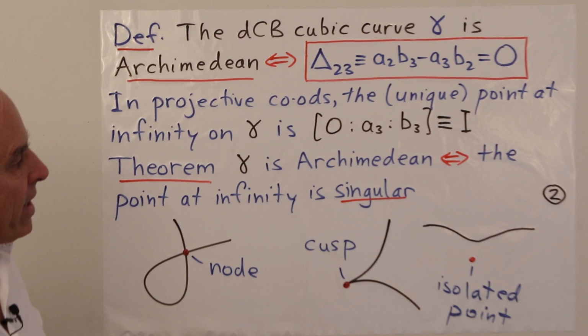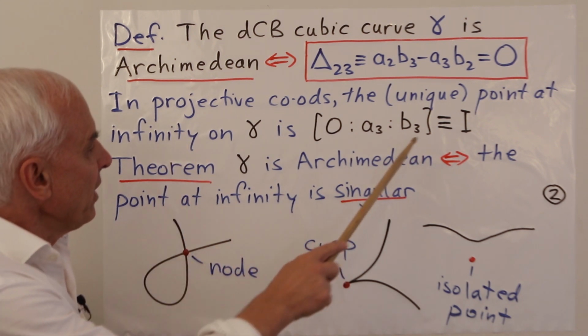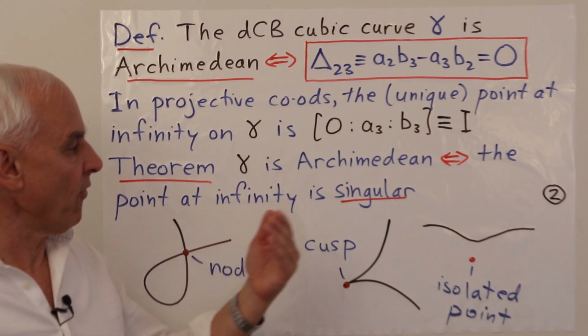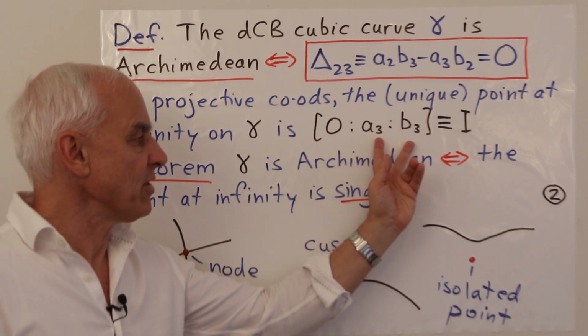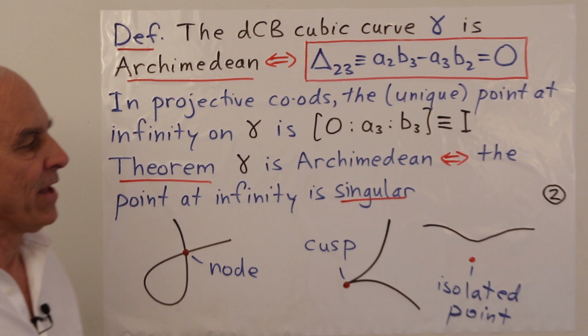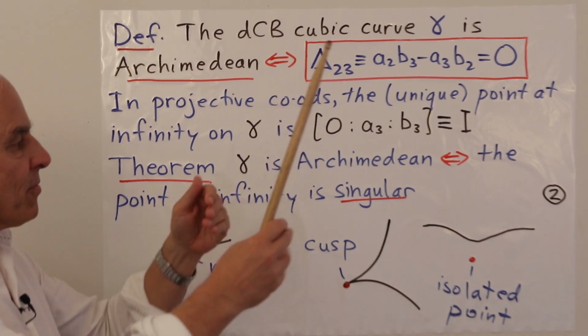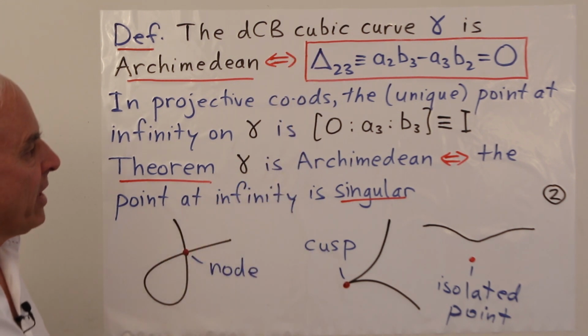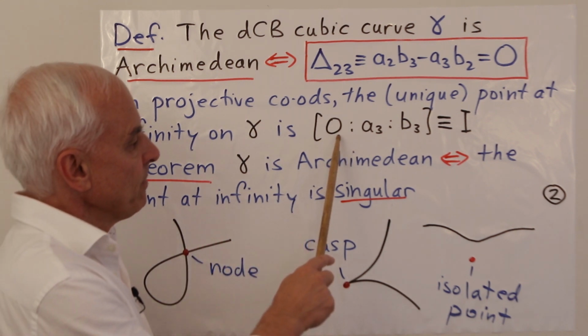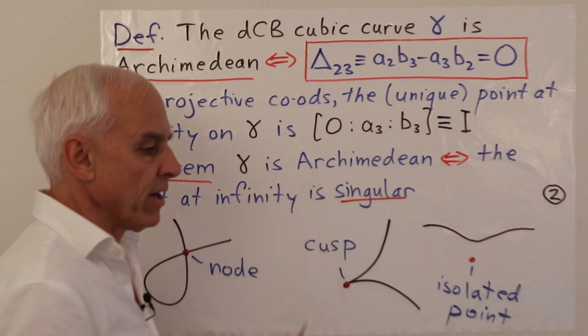Now, one other thing that we're going to have to mention is the point at infinity. If we shift to projective coordinates, and I remind you that involves augmenting the affine coordinates x and y with a third coordinate, and then looking at things in a scale-invariant fashion, then there's a unique point at infinity on this curve, and it's 0, a3, b3.